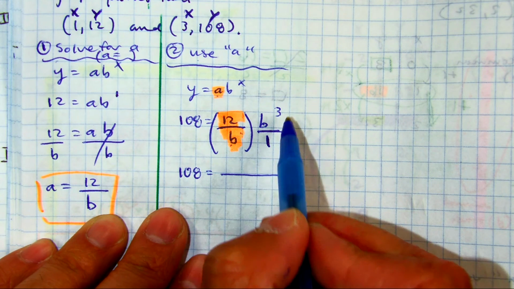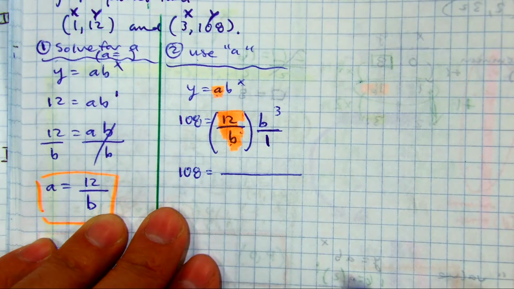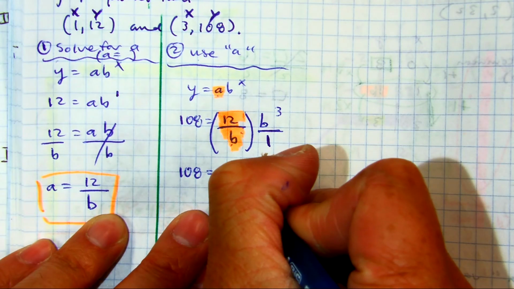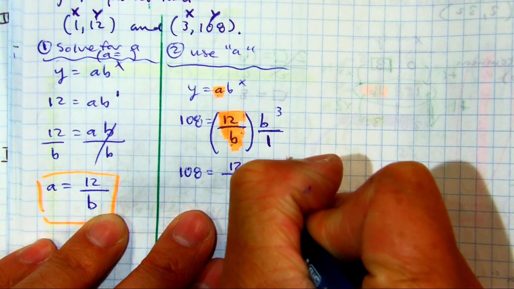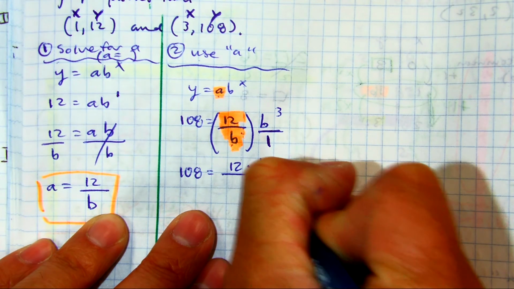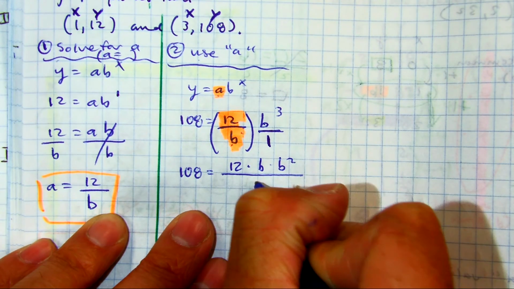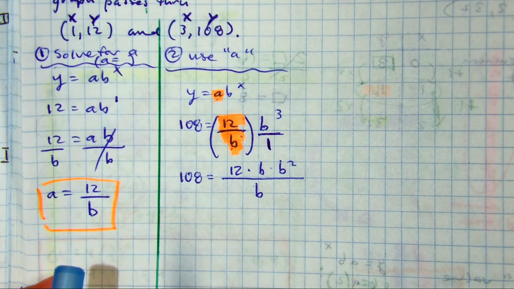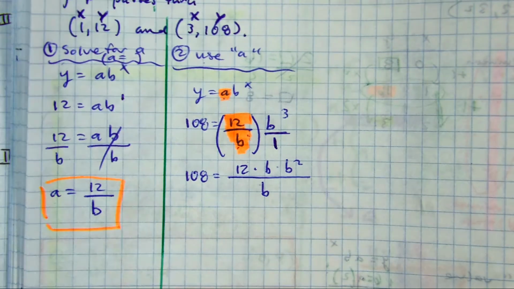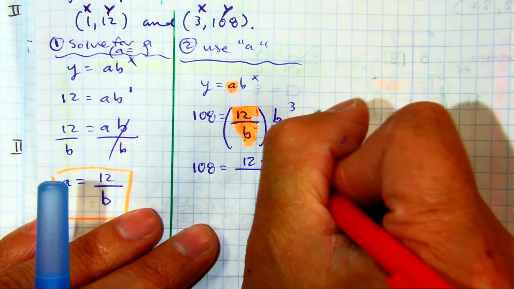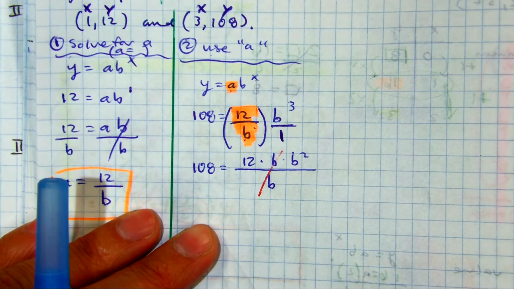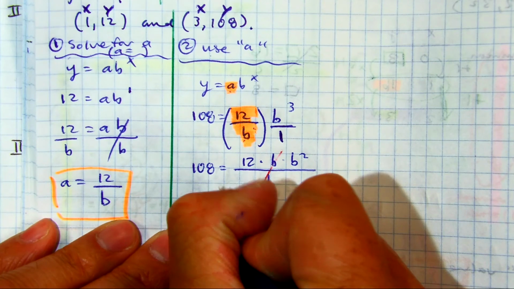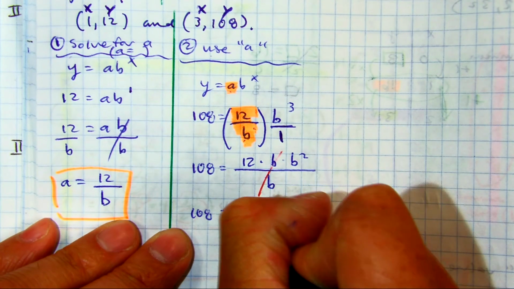B squared would be in the numerator. That would probably be a better rule to use. But we're just reviewing, so you can do B times B squared over B. What happens there? The B's cancel. So I'm left with 108 equals 12 times B squared.